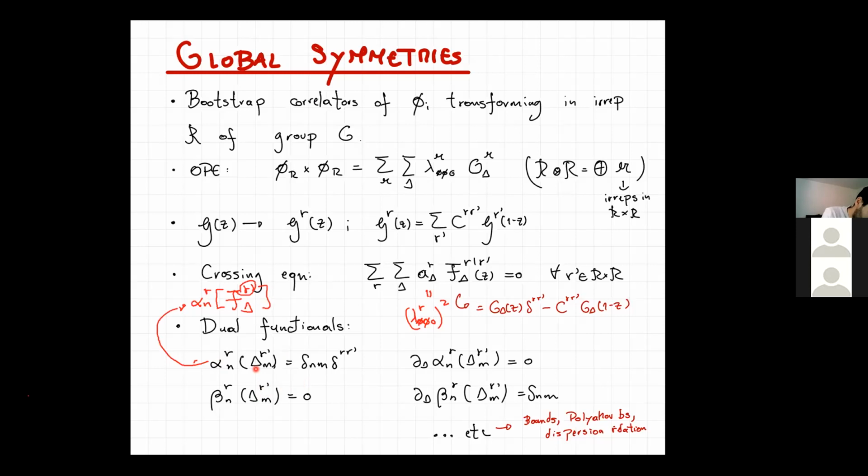Because they are given by this expression. I see, so the dependence on R prime is there. Yeah. So if you want, I could have written this as delta M R prime. Maybe this makes it clearer. There are really two arguments. Okay. Thanks.